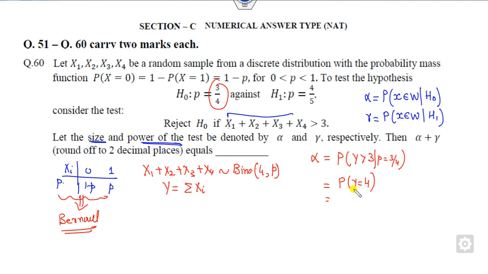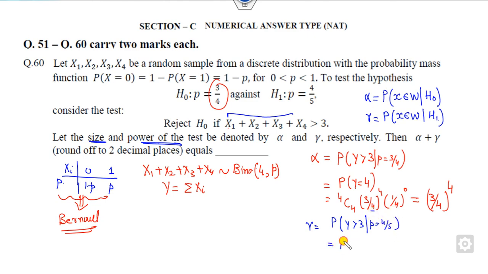By using the binomial distribution, this is 4C4 p raised to the power 4 q raised to the power 0. So the answer is 3 by 4 raised to the power 4. Similarly, for the gamma, again it's Y greater than 3 provided p is, under H1, 4 by 5. Again same thing, so the answer will be 4 by 5 raised to the power 4.